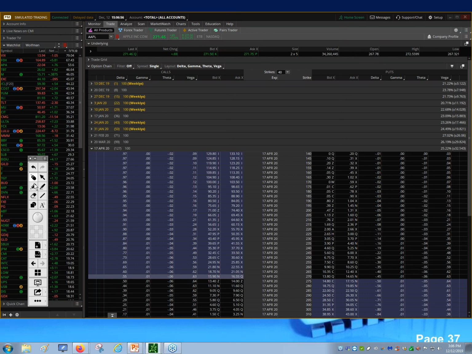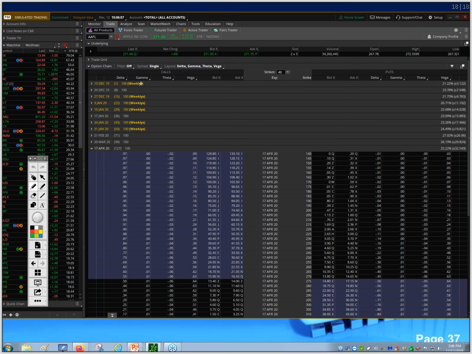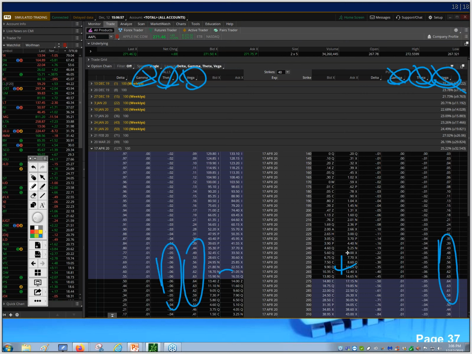We don't really have to worry about the gamma, the theta, and the Vega on all of these. We can forget about those because they're offsetting, because we're going to be selling the calls and buying the puts, and you can see that those offset on these different columns, especially on the volatility and the theta.